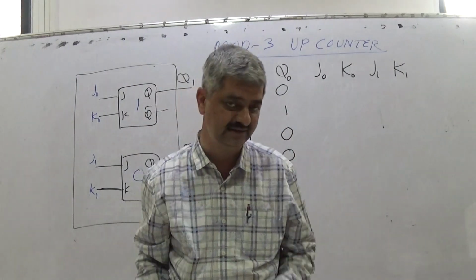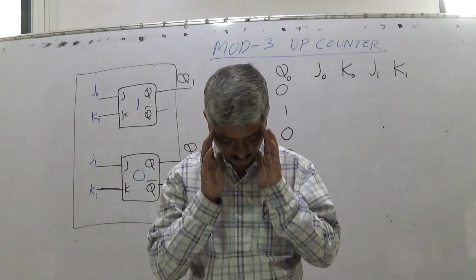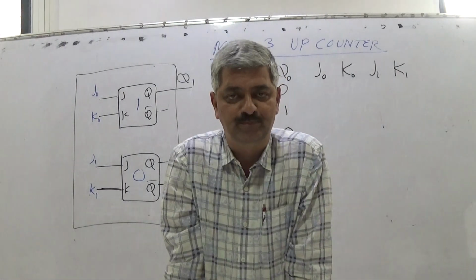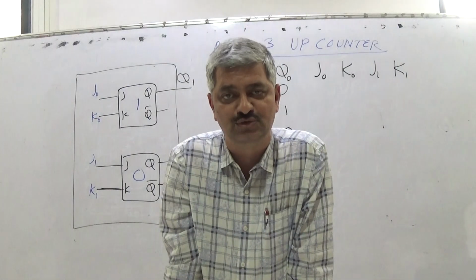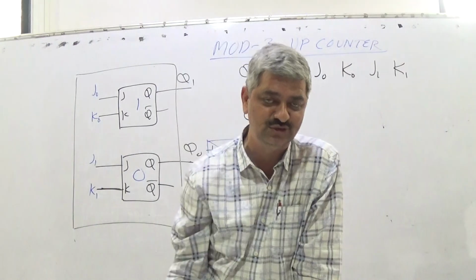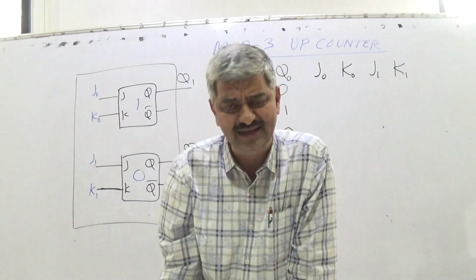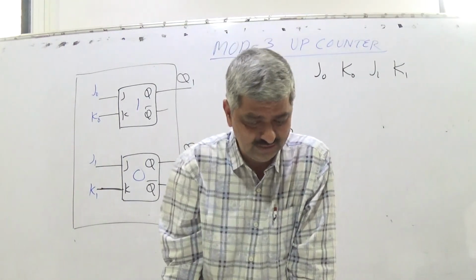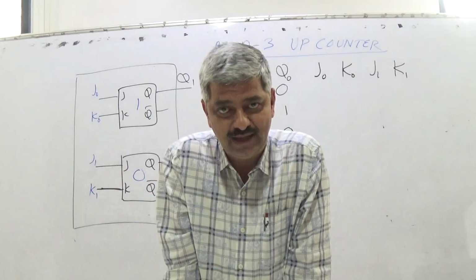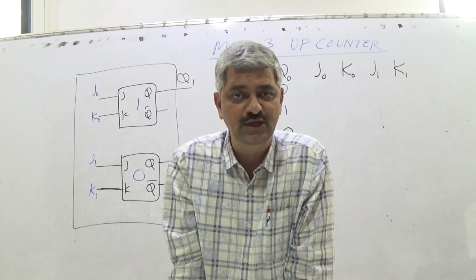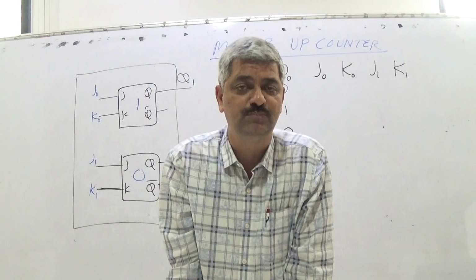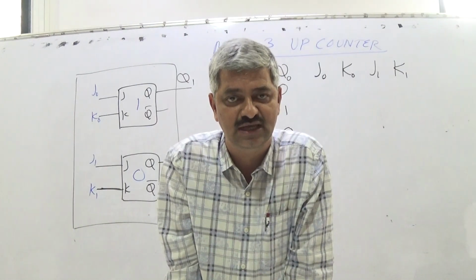I am explaining again at a slow speed. Outputs of flip-flops Q1 and Q0, also Q1 bar and Q0 bar, because they are available, so there is no need to put a separate NOT gate, but effectively it is Q1 and Q0 only. So outputs Q1 and Q0 should be used to decide inputs to both flip-flops J0, K0, J1, K1.